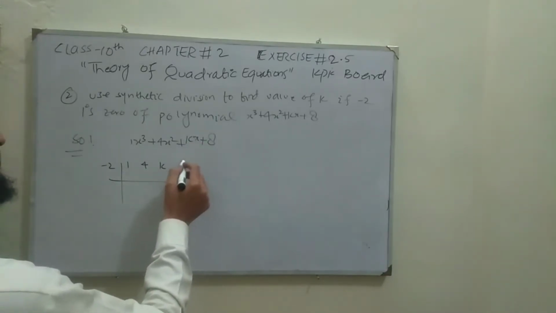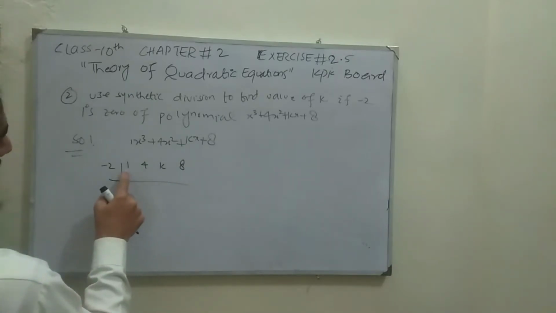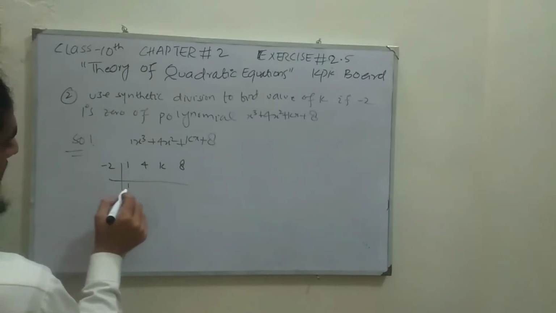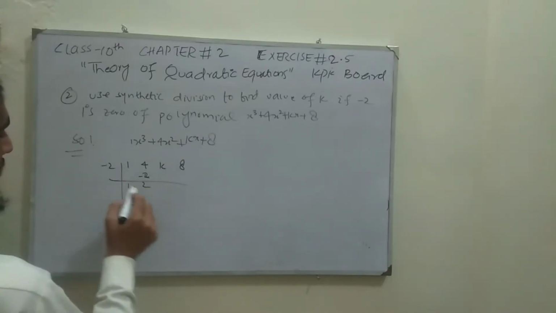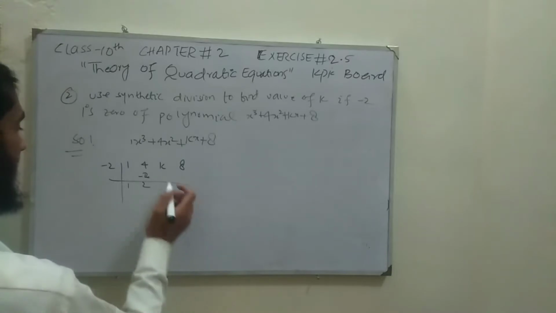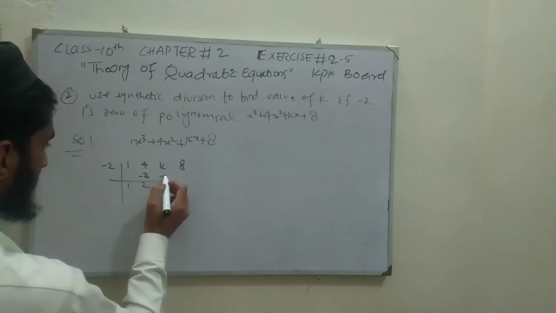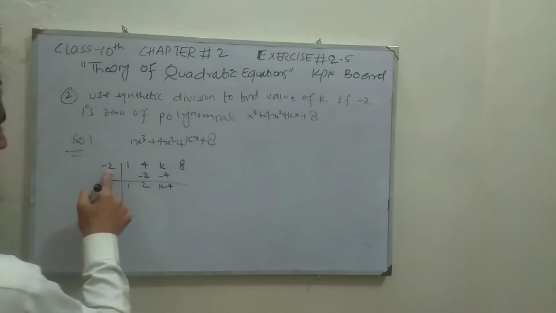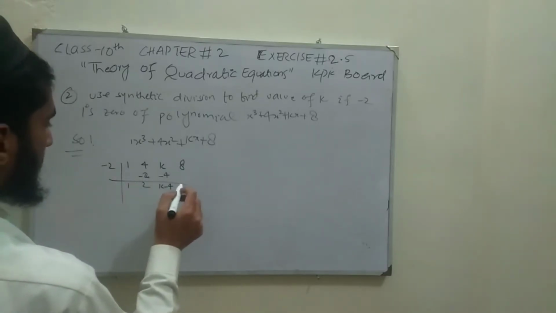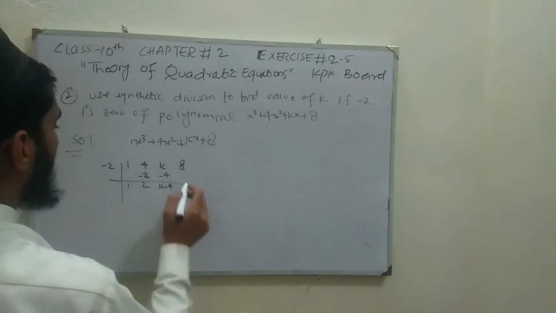Bring down 1 the same. Minus 2 multiplied by 1 gives us minus 2. 4 minus 2 gives us 2. Minus 2 multiplied by 2 gives us negative 4. k minus 4. Multiply minus 2 with k minus 4, it gives us 8 minus 2k.